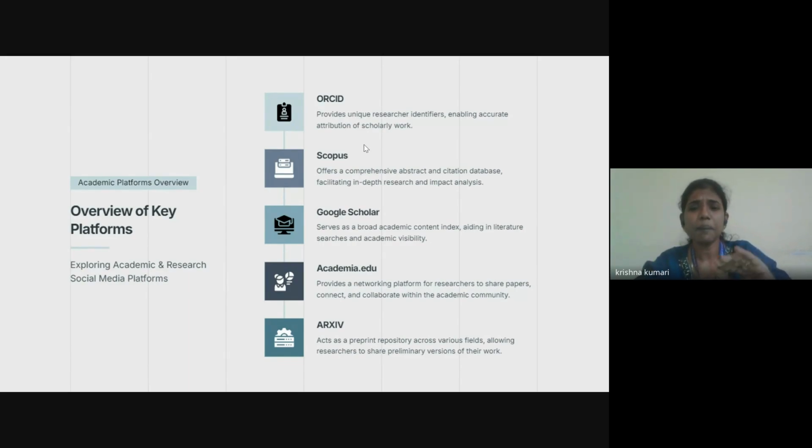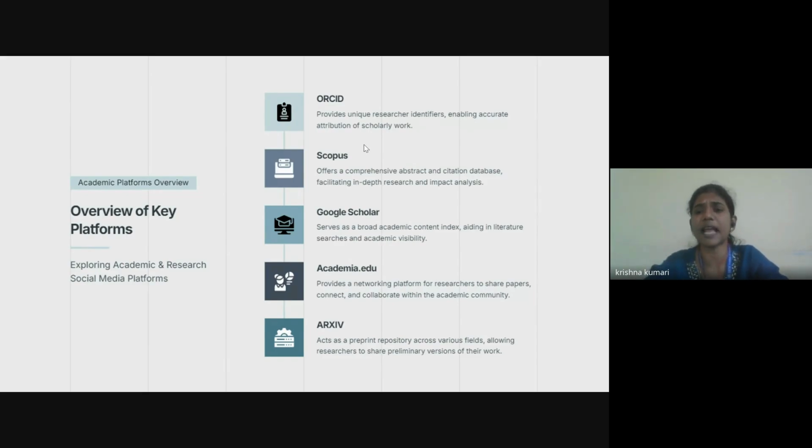But depending on the papers available on Google Scholar, we cannot say that these papers are of good standard, because Google Scholar gives us an option to upload the paper, unlike Scopus or ORCID. In Scopus, we cannot upload our paper. Only if Scopus judges that our paper is good and standard will it be indexed, right? So indexing our papers in Scopus gives us much more value than Google Scholar.